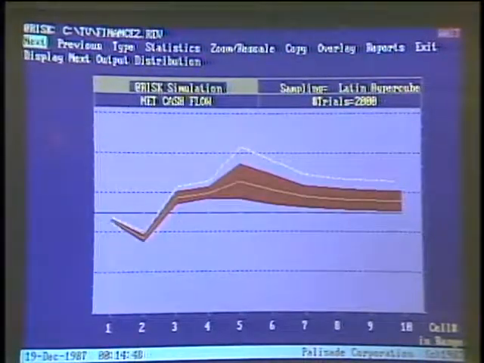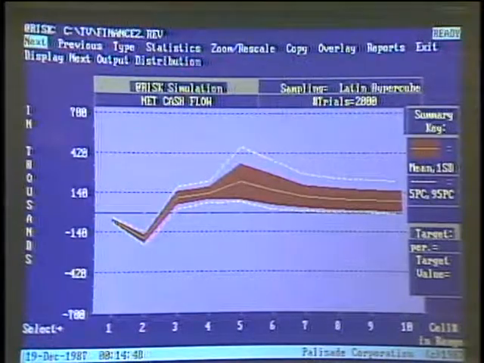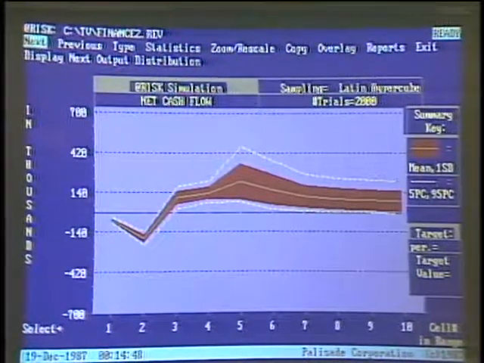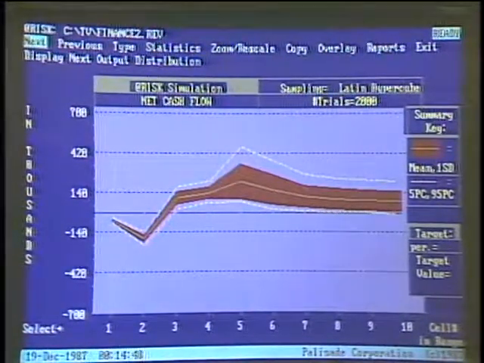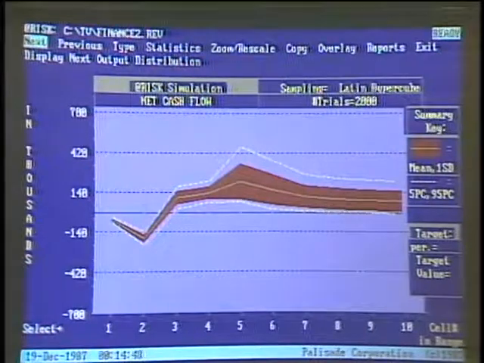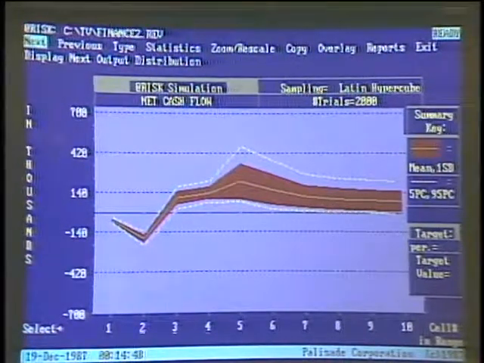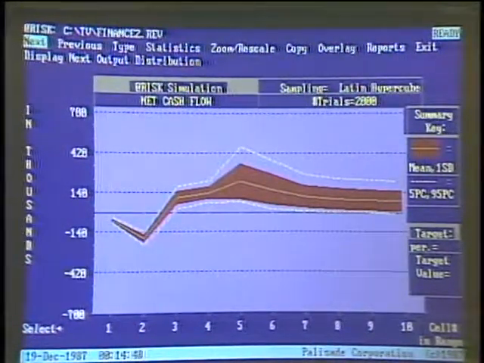Another very important feature that At Risk has is that it lets you select for output a range of cells. If you do select a range of cells like I did here, it calculates a distribution for each cell and then displays them graphically and summarizes them, showing you just the trend of the mean, one standard deviation either side, and then the 5th and 95th percentiles.